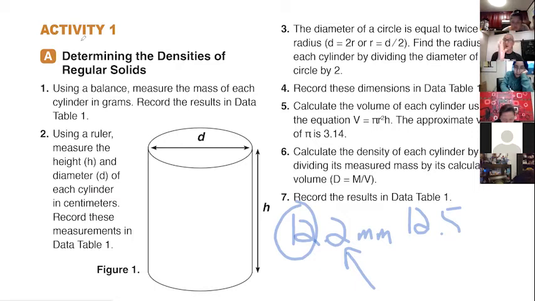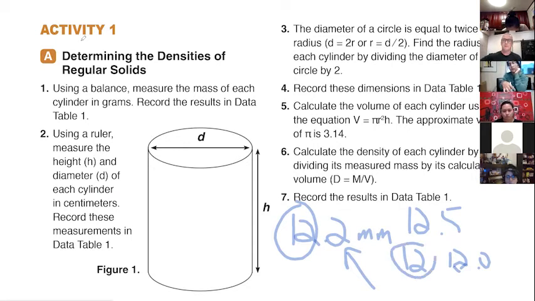If it's right on the line, if you think it falls dead on the line, would you write 12 or would you write 12.0? Which one should you record in your report? Should you write 12 or 12.0? 12.0, exactly. You should have 3 significant digits, because remember, even though this number is an estimate, it is significant because you can see with your own eyes that it's not 0.